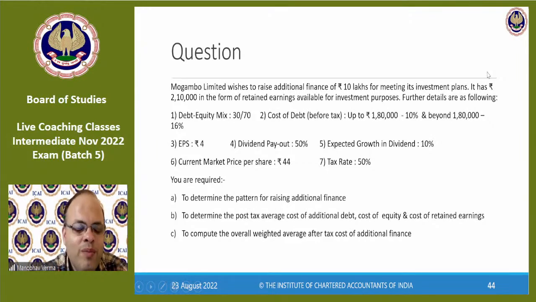So what about others, guys? What should be the pattern here for the additional finance? We have just one answer as of now.